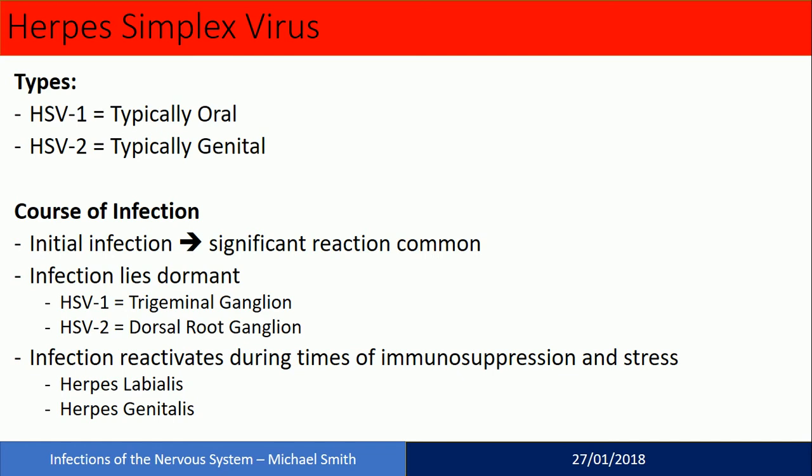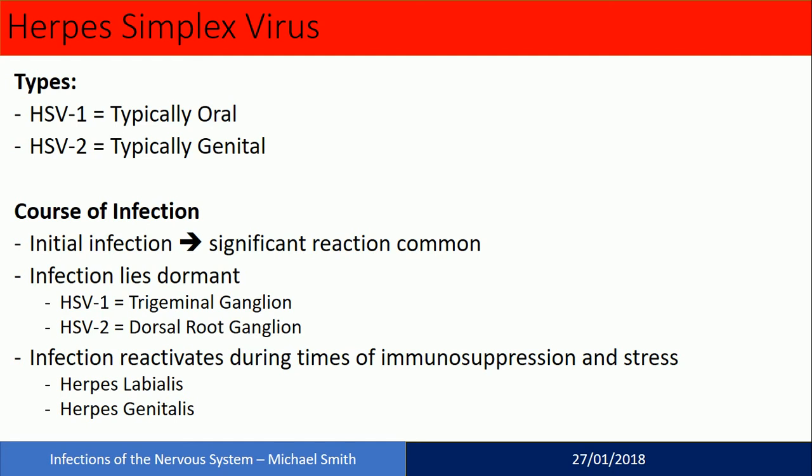Initially, the infection takes place, and it's common to have a significant first reaction, and you'll have the classical herpes blisters appearing. The infection can then track back along the nerves to the ganglia. So in HSV1, this typically tracks back to the trigeminal ganglion, where in HSV2, this will track back to the dorsal root ganglion.